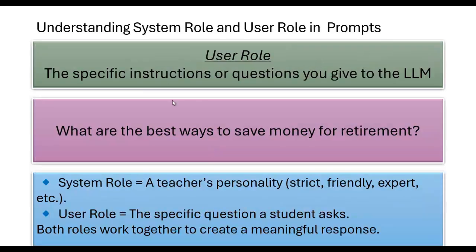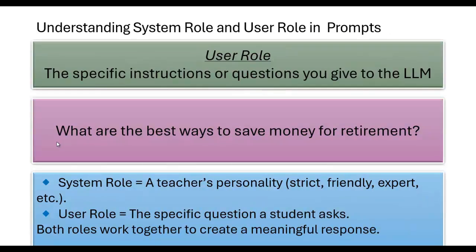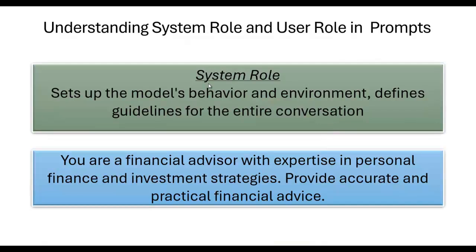And the user role is the specific instructions or questions you give to the LLM. As a system role, we already defined the guidelines, and here the user asks the question as a user prompt: What are the best ways to save money for retirement? It will give the answer as per the guidelines that we set as a system prompt.